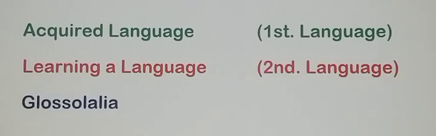For example, our mother tongue is English and we want to learn French. So English is our first language and French will be our second language. In this case, English will be the acquired language which we would have acquired from our parents, and French will be a second language, which comes in the orbit of learning a language.